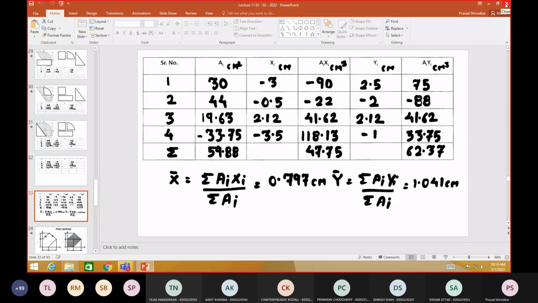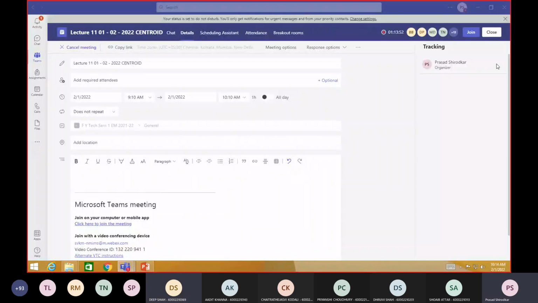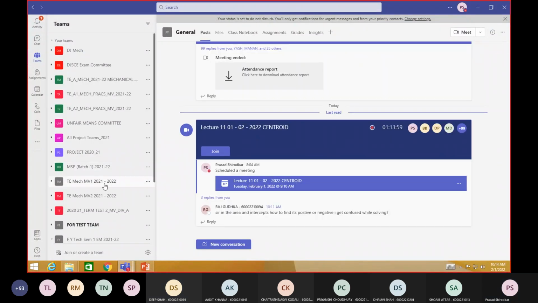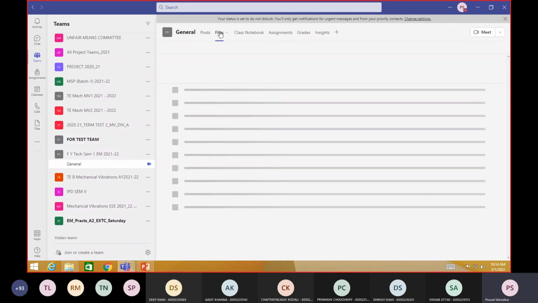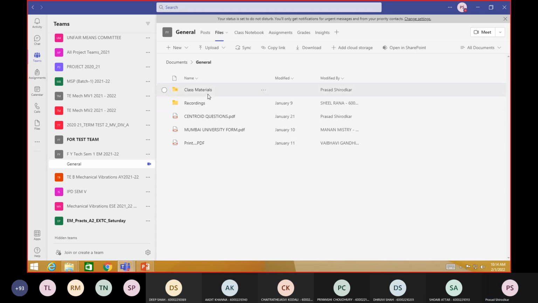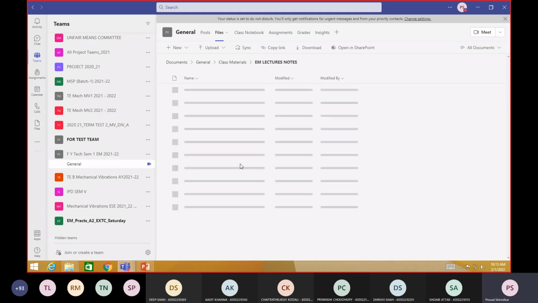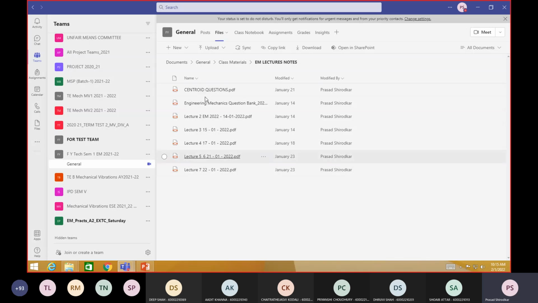Sir, earlier notes also remain to be uploaded. No, I have done it, look, everything is there: uploaded all notes, under class materials, EM lecture notes. Sir, this is lecture 11 but you have done only up to lecture 7. Yes, lectures 2, 3, 4, 5, 6 and 7, and today I will upload 11. The 7th is centroid, I think.